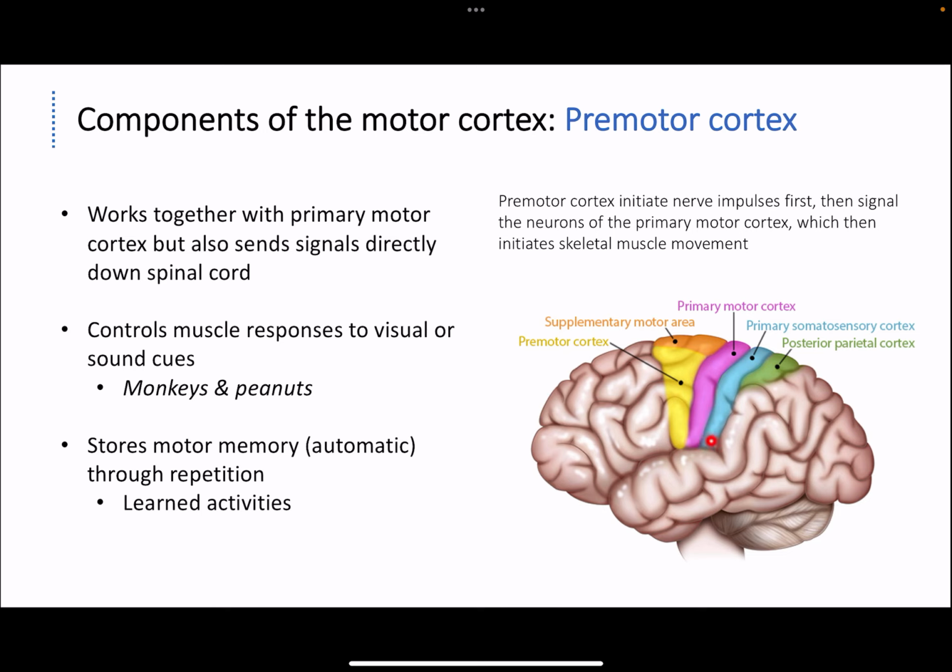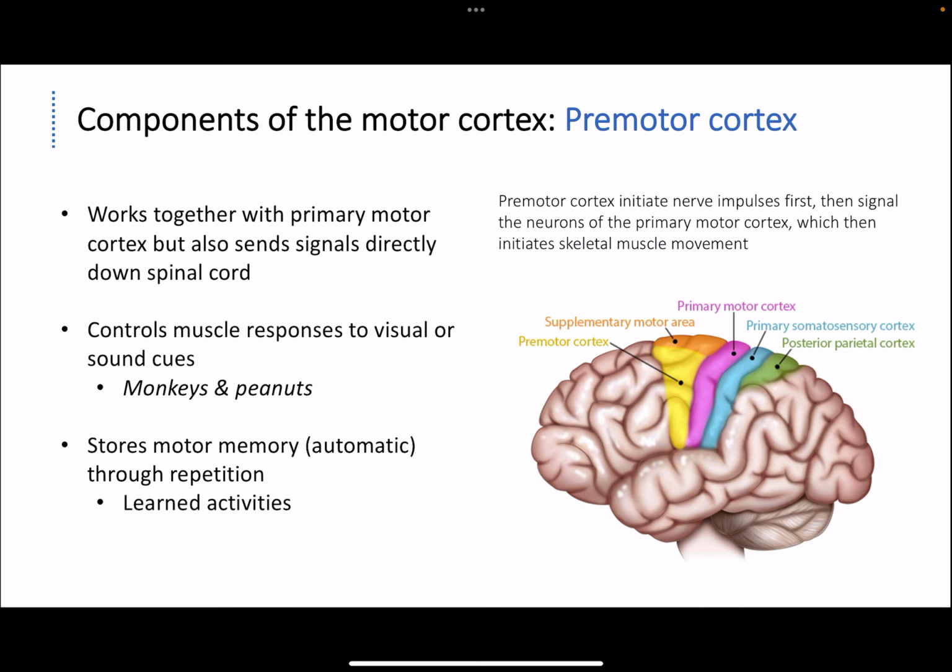So here's your primary motor cortex in purple. Right here's your premotor cortex in yellow, all right? So this coordinates motor activity along with the primary motor cortex. This region is also thought to help plan the actual motor activity.